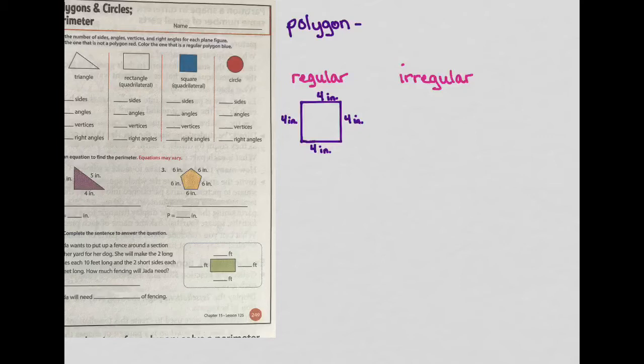So let me compare that to an irregular shape. An irregular shape does not have all 4 sides the same length. Okay, now you know this quadrilateral. You're right, it is a rectangle. So this might be 4 inches on the short side, which would mean the opposite side is also 4 inches.